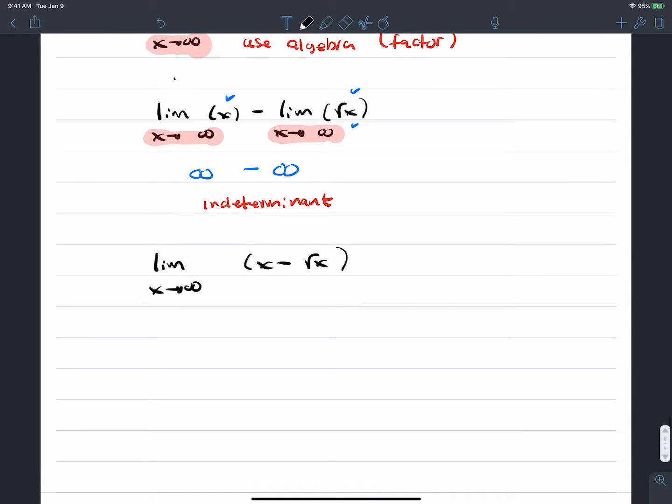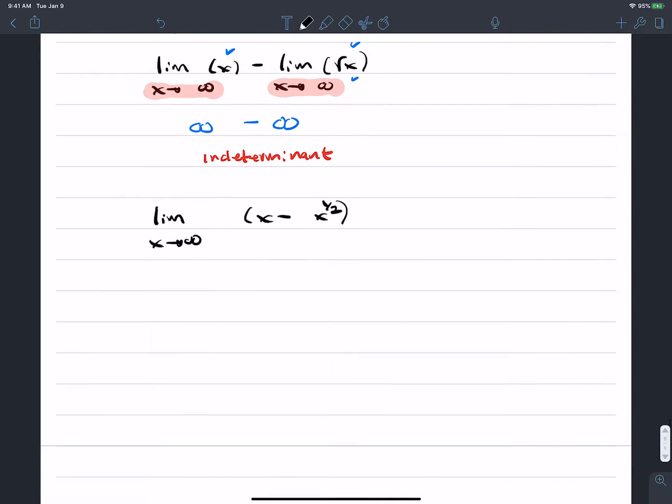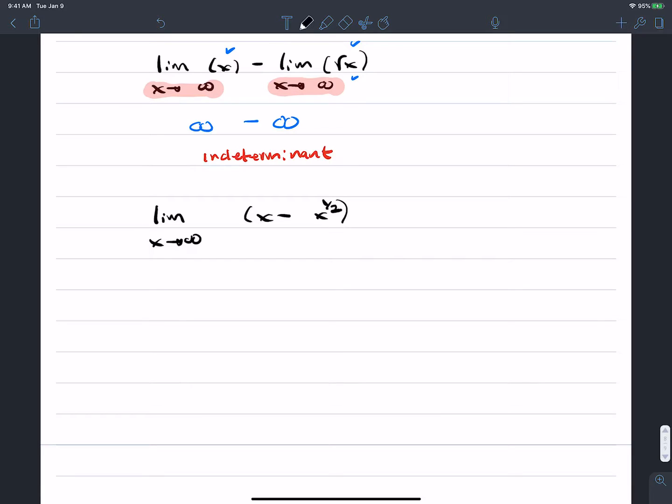What we mean by factoring is you factor out the greatest common factor. If you recall, this is a 1/2 power. What's the greatest common factor of this difference? The greatest common factor for variables is always going to be, remember this GCF, x to the what? The smallest power.